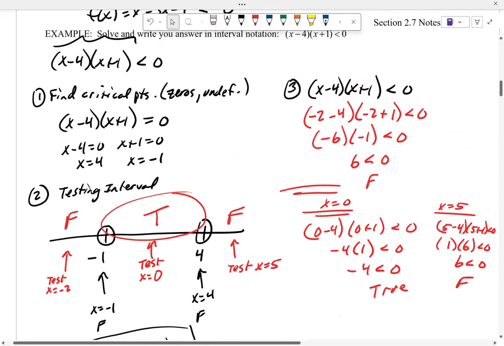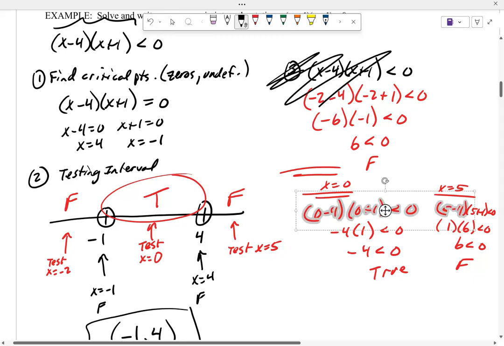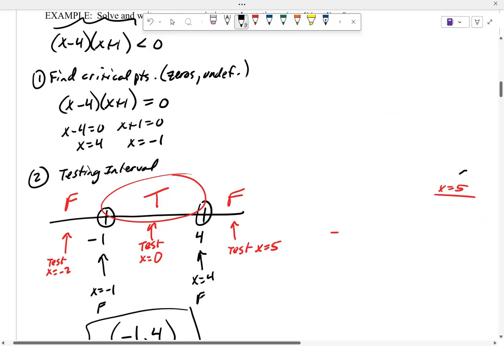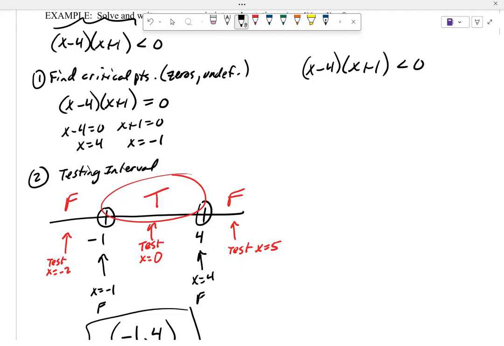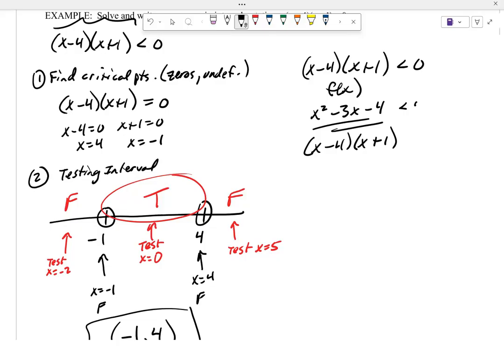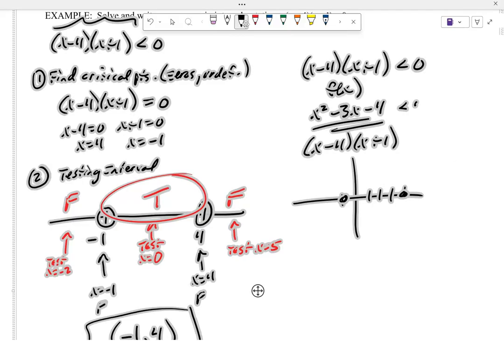Well, let's think about this for a minute. Let's say that I actually graph this. This is my function, right? My function is x squared minus 3x minus 4. Well, my zeros are 4 and -1. And this is a quadratic, positive x squared, so this is going to open up.